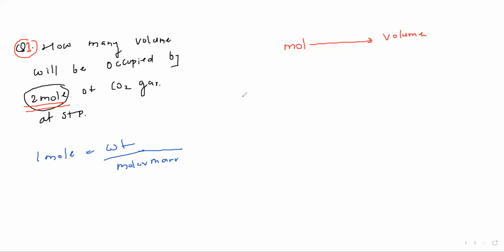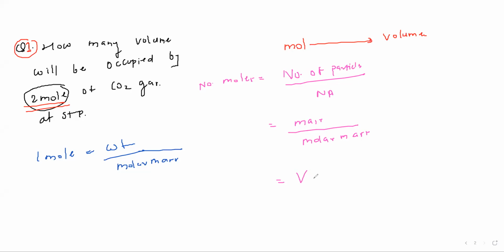Okay, Renu. See here, number of moles is equal to number of particles upon Na. Correct? This we know. Then we can convert this into mass upon molar mass. Yes. Now it's time to change into the volume.